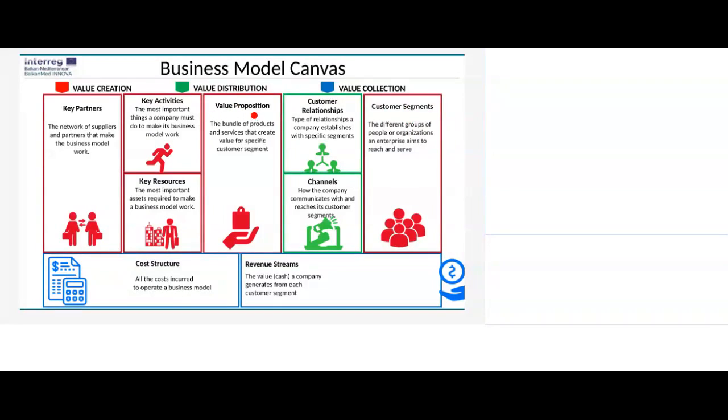So moving to the next element, which is the value proposition. Basically, the value proposition as defined in the textbook is a bundle of products and services that create specific value for specific customer segments. That's why we first need to define our customer segments for our offering.